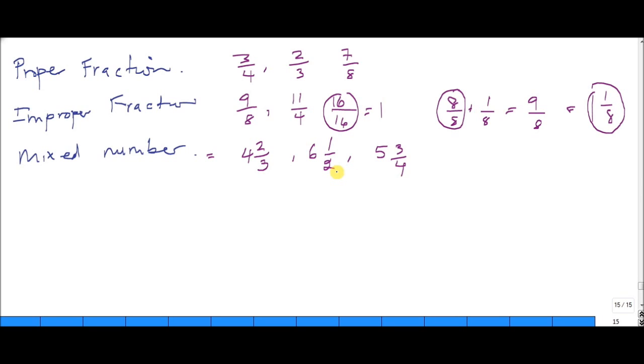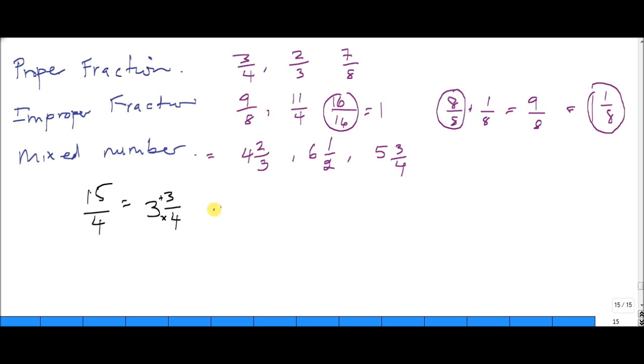So we have an example here: 15/4, and we divide the numerator, 15, by 4. 4 into 15 would go 3 whole times, remainder 3 over 4. If we reverse that, 4 times 3 would give us 12, and 12 and 3 is 15, so here we have 15 over 4.